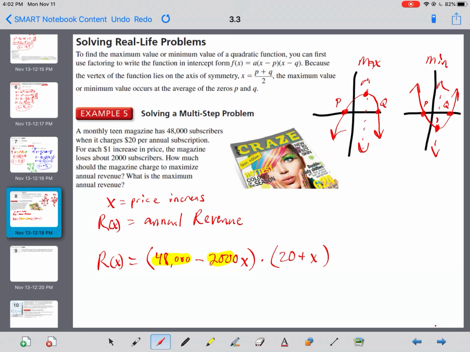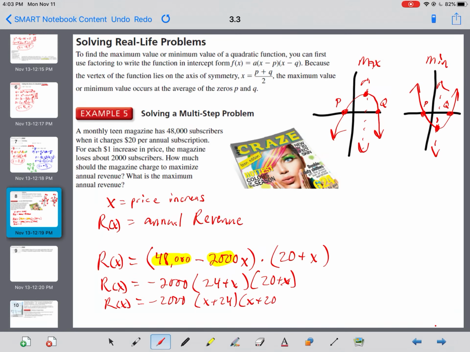And if we pull out a negative 2,000, we'll make the X positive. So the way they do in the book is they say, if we pull out 2,000, we can make that 24 plus X times 20 plus X. Well, if we rearrange those using the commutative property, we got 2,000 times X plus 24 times X plus 20.